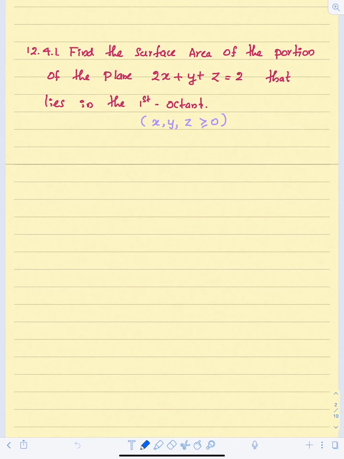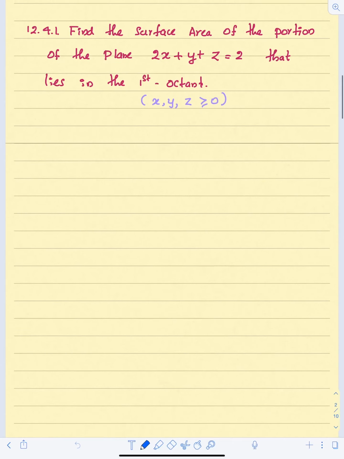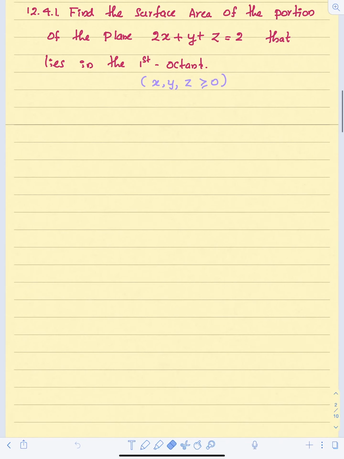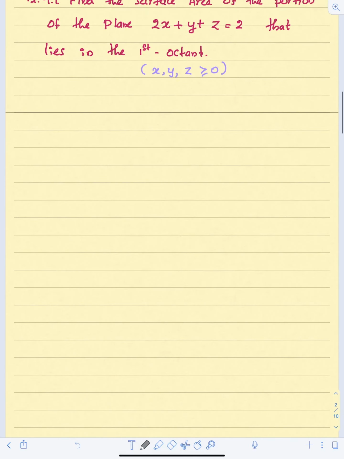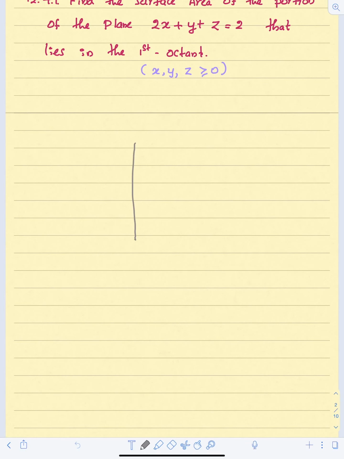Okay, so the first thing we should do is to draw this plane. Let's draw the x, y and z axes, and then let's draw the plane 2x plus y plus z equals 2.